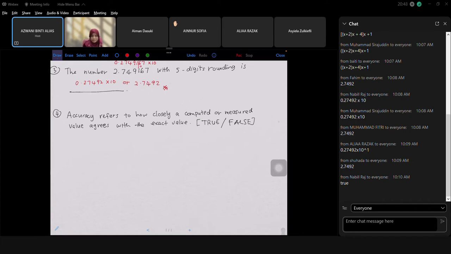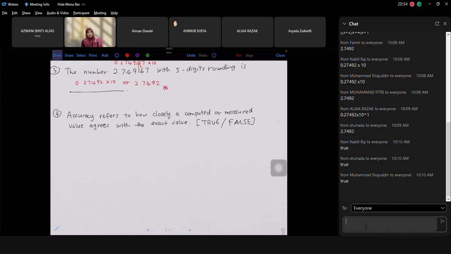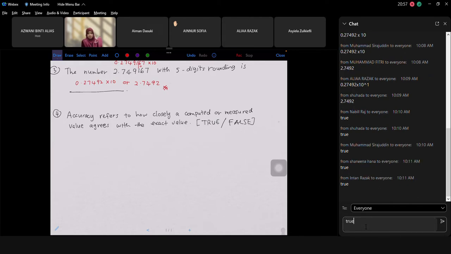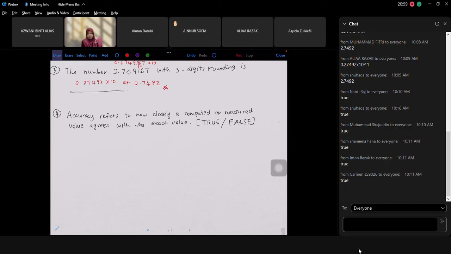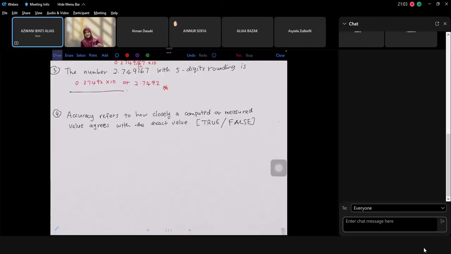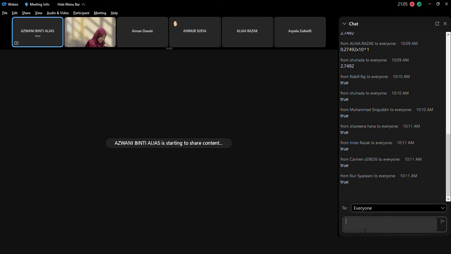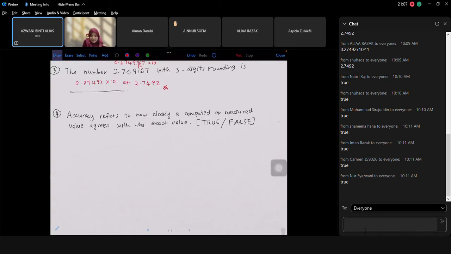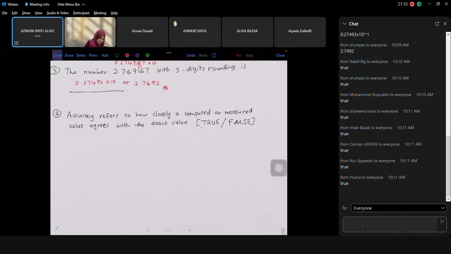The others? Everyone answered true. Okay, everyone copied Nabil's answer. Yes, his answer is correct. This is the correct answer. Okay, why? We know that the computed or measured value comes from the numerical solution.